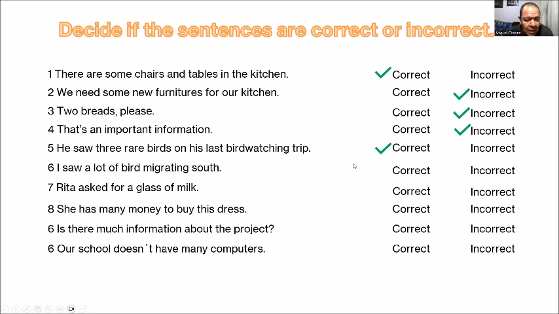Correct. I saw a lot of bears migrating south. Correct. Number 7, Rita asked for a glass of milk. Correct. Number 8, she has many money to buy this dress.